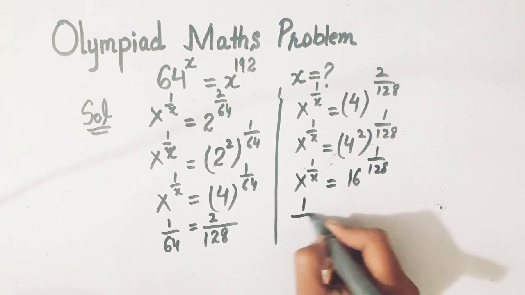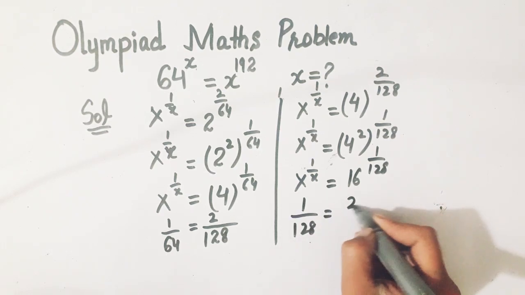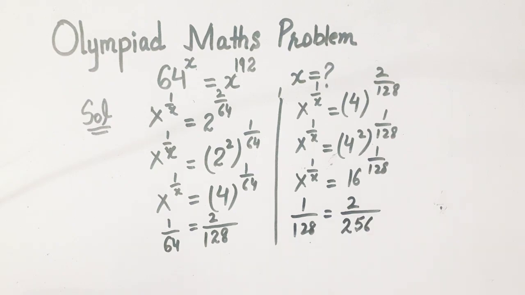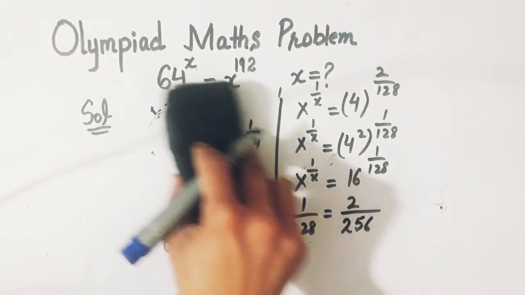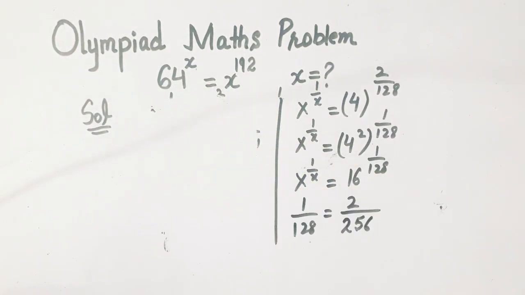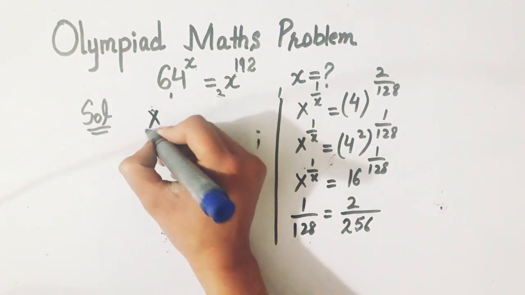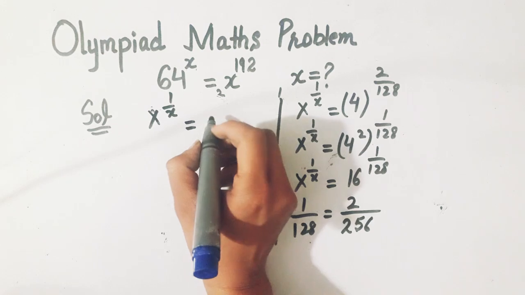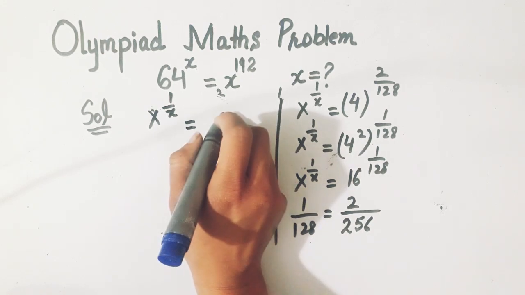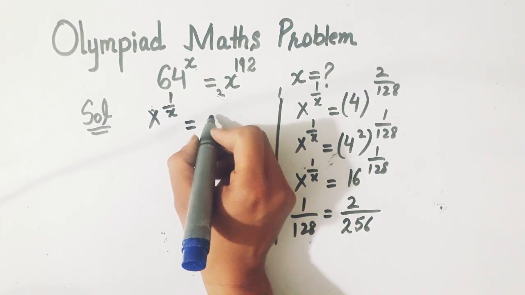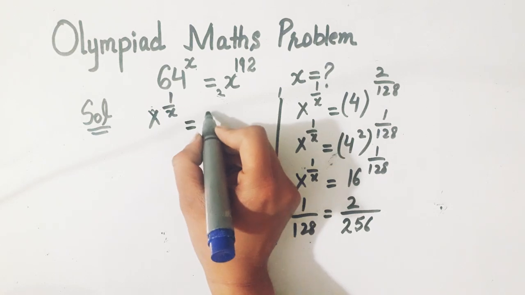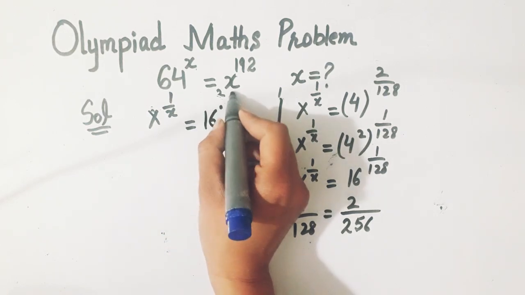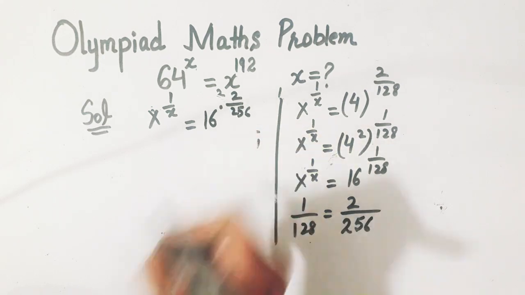Now we consider 1 by 128, which equals 2 by 256 when we multiply by 2. Then we continue this process: x raised to power 1 by x equals 16 raised to power 1 by 128, which we write as 16 raised to power 2 by 256.